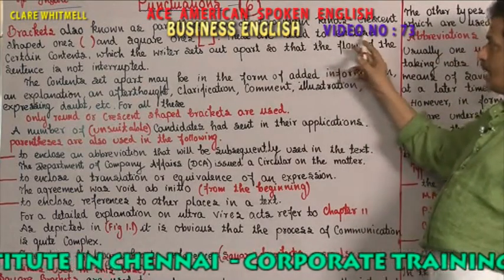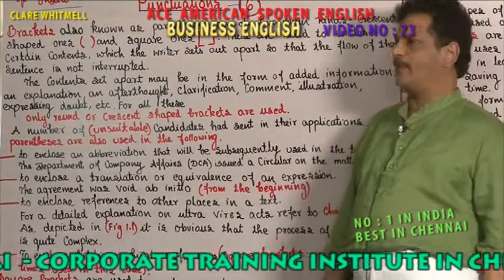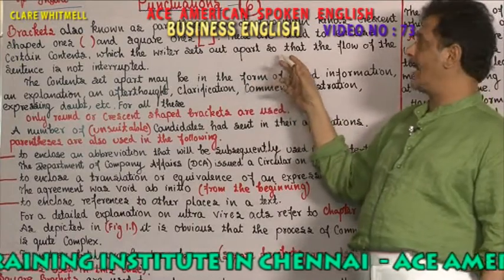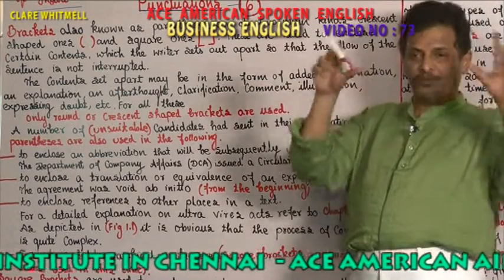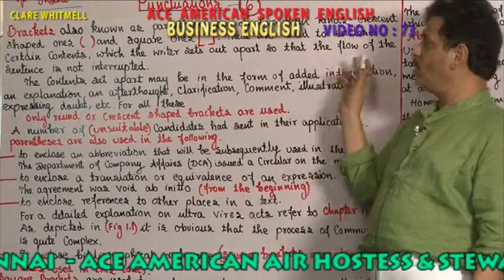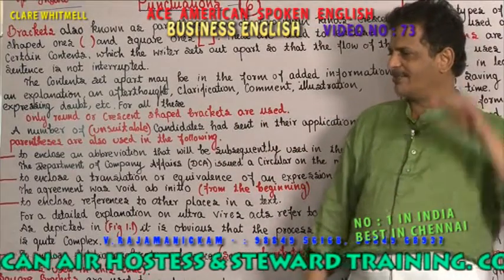These are used to enclose certain contents. Contents means what? Certain information which the writer sets apart. So I am a writer, I am putting certain things in the bracket to set apart, so that the flow of the sentence is not interrupted. So the flow goes on, right?